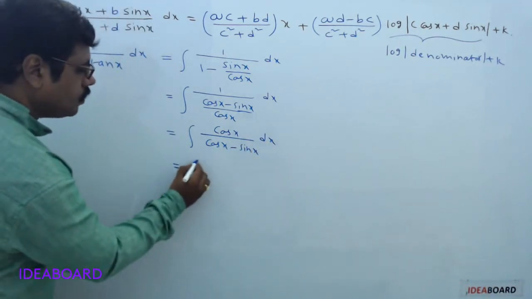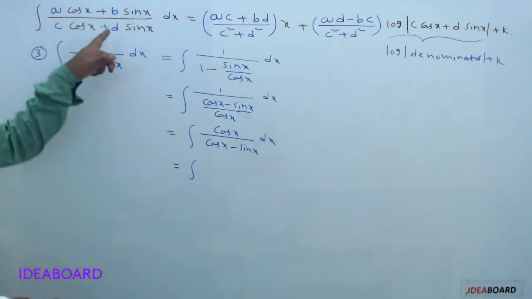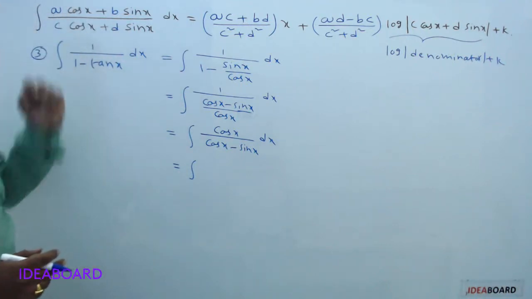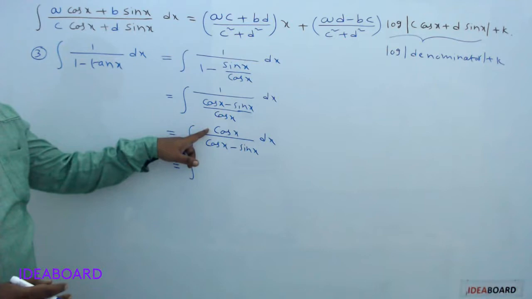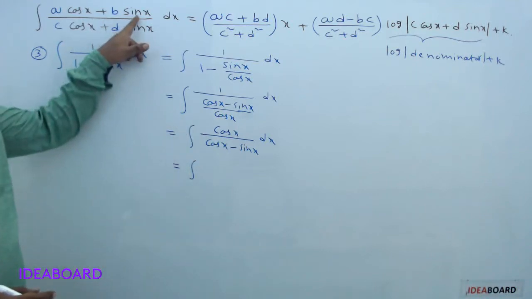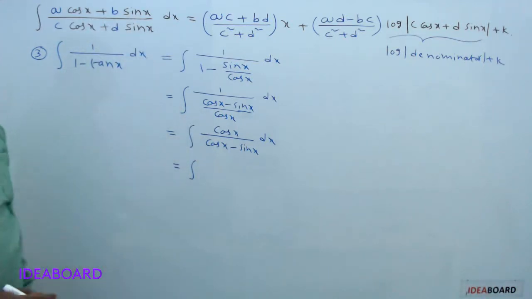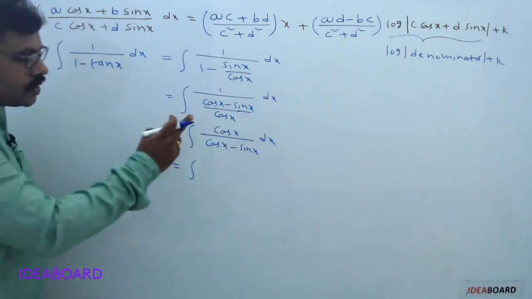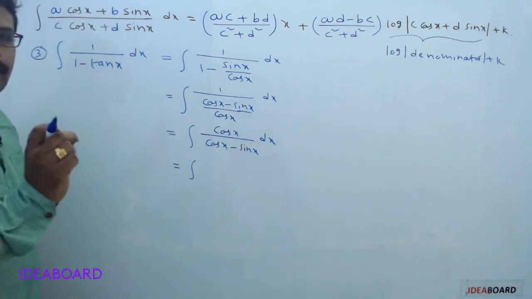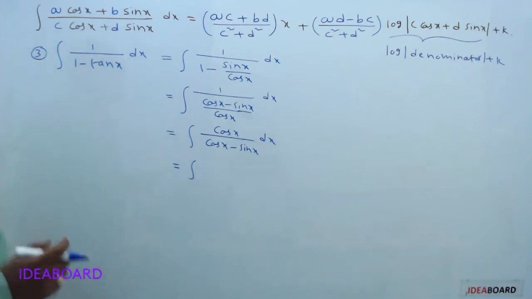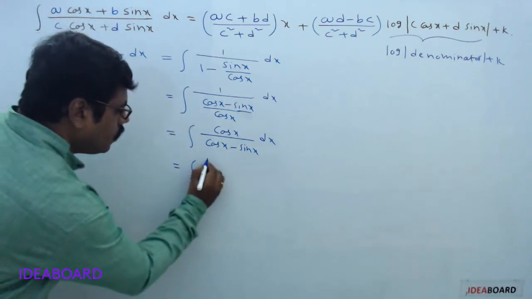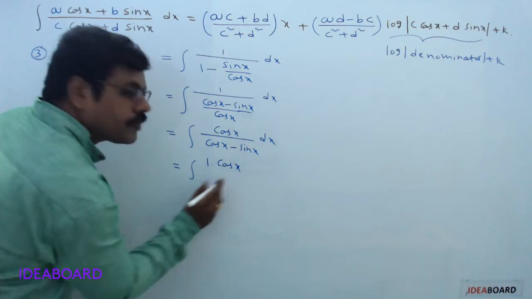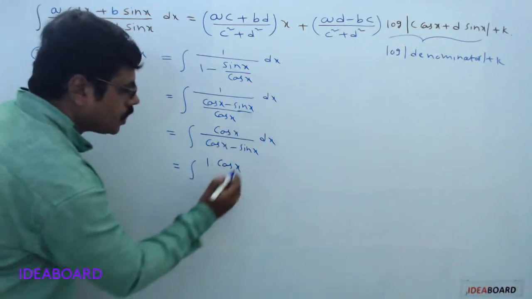Now in our standard form, in the numerator, first cos function will be there, then sin function will be there. But here in the numerator, sin function is not there. So that sin function can be taken as 0 into sin x. So see this one, cos x can be taken as 1 into cos x.